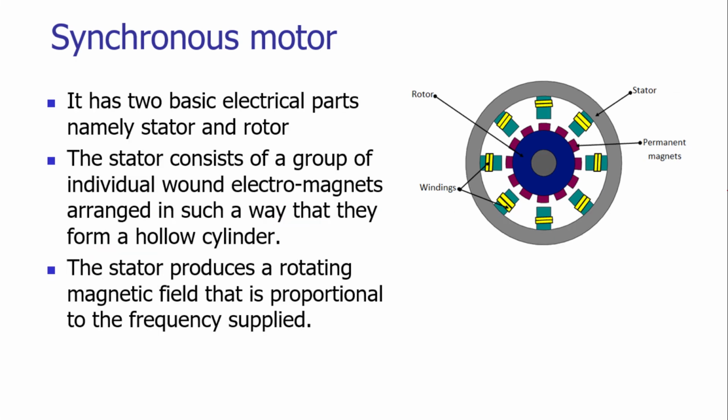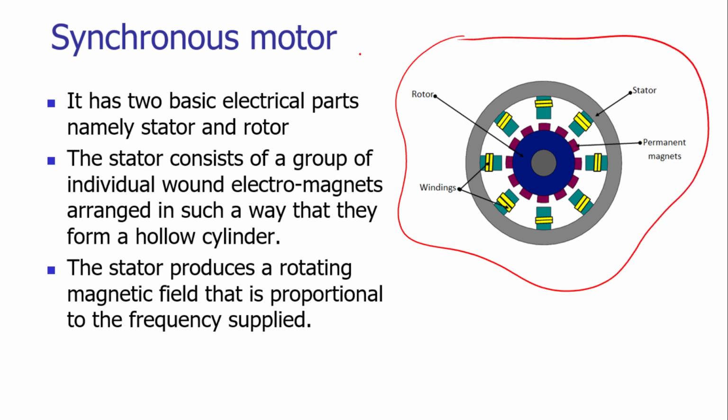The synchronous motor is a variant of the alternating current motor. It has basically two parts, a stator and a rotor. On your screen, you can see the schematic of the construction of the synchronous motor.